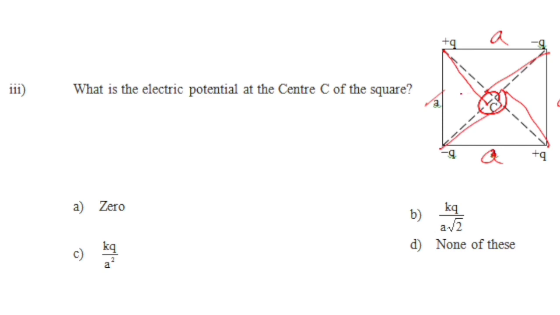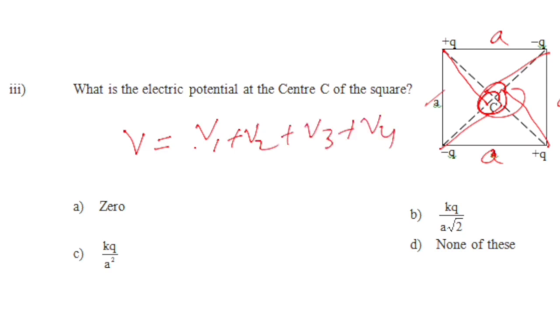And you know potential is a scalar quantity. So you have to find total potential at this point C as V equal to V1 plus V2 plus V3 plus V4. Simply add all these potentials. Now distance is same and there are two positive charges and two negative charges.